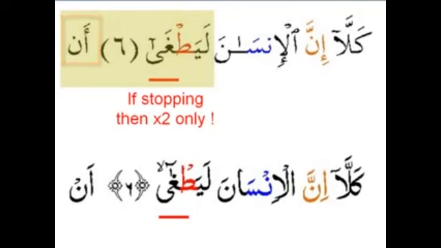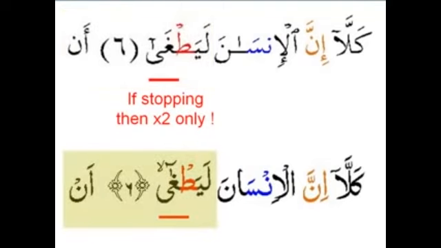Now if you are carrying on, then the gha can be read as 4 long, okay, i.e. you're not stopping. However, if you stop, you must read the alif maqsura as 2 long, as you would normally. Okay, so you effectively just ignore the madda sign. So that would be la yatgha.